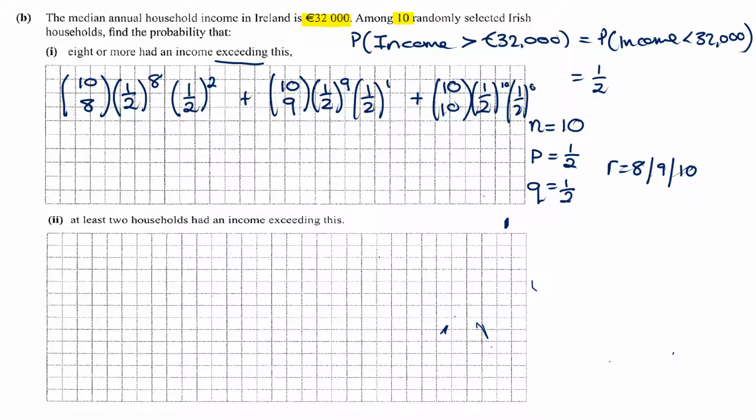So working through all that piece by piece, we should get 0.055.